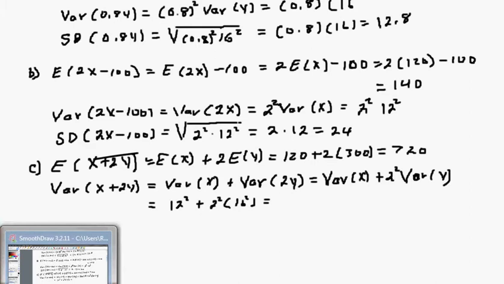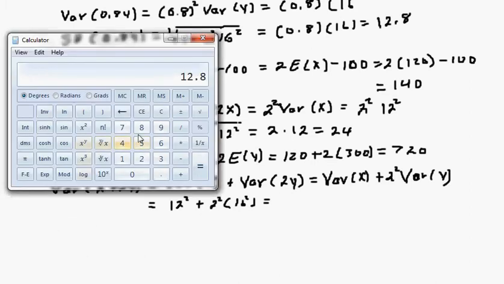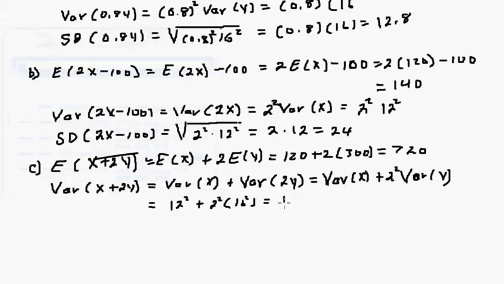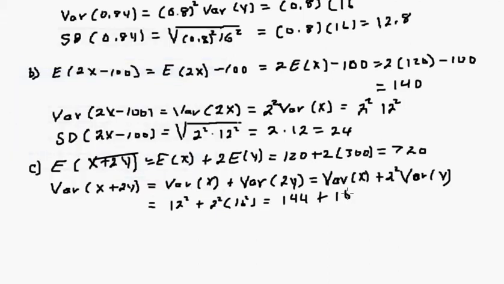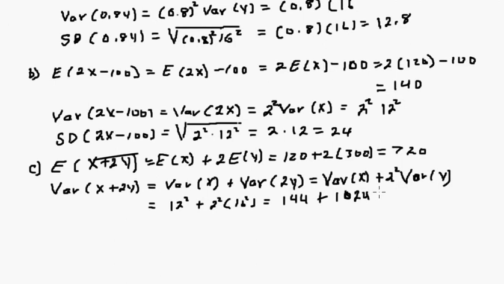So might as well just do that on the calculator. So we have 12 squared, so 144. I knew that. So we got 16 squared times 2 squared is 4, so 1024.